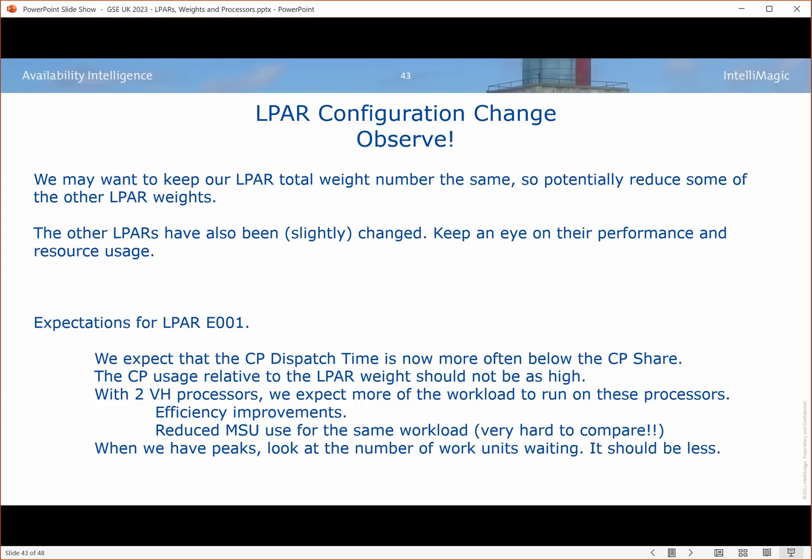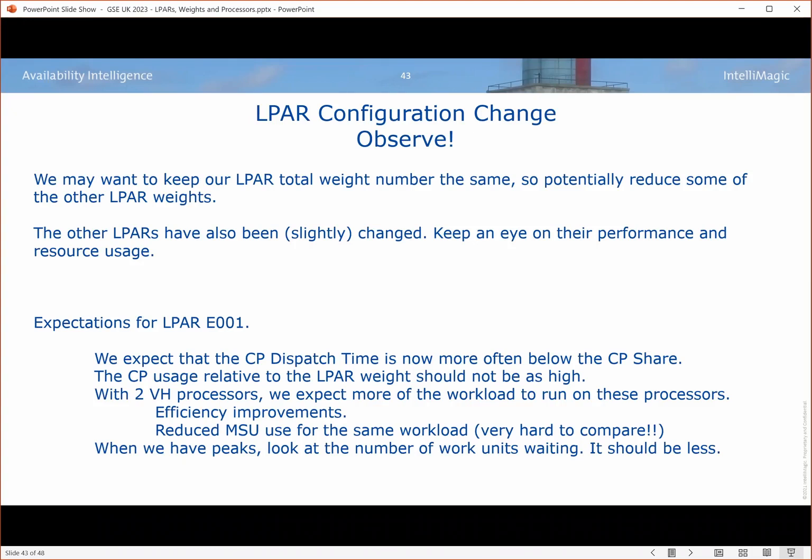Now, sometimes it's quite difficult to compare 2 days, before your change and after the change, okay? So that is difficult. But the idea with this implementation and these changes is that we're increasing the efficiency, which means we're reducing the MSU cost for that workload for that LPAR.